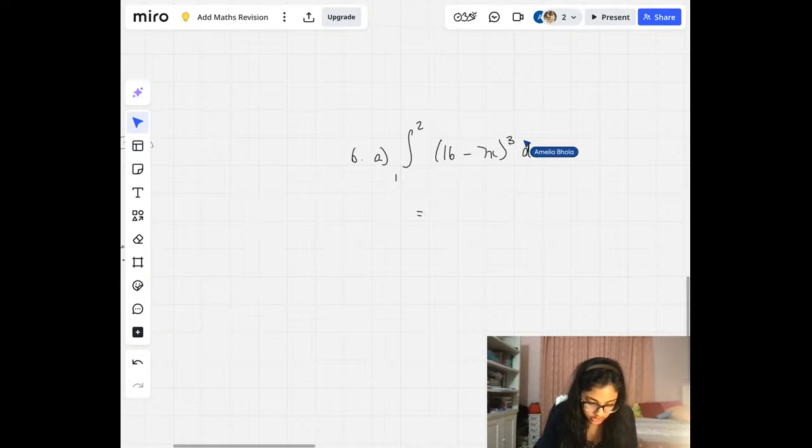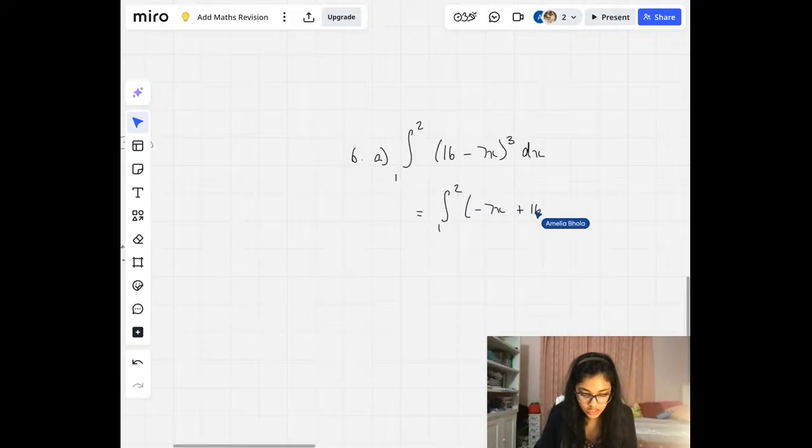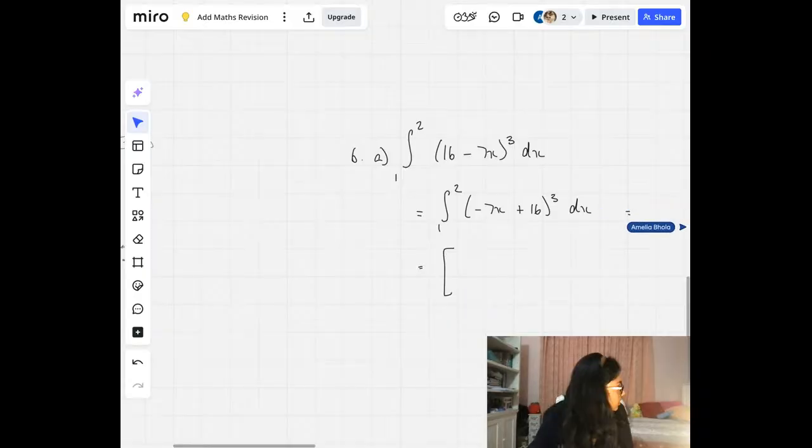So I'm going to rewrite this so it will fit the format. Negative 7x plus 16 to the power 3 dx. That was my bad. I literally wrote it on my board and it's, yeah, anyways.